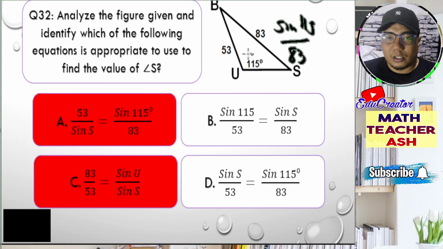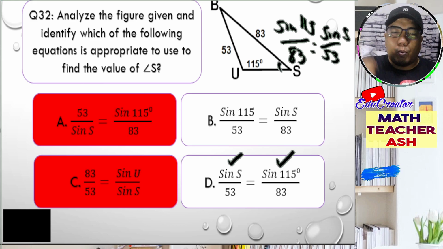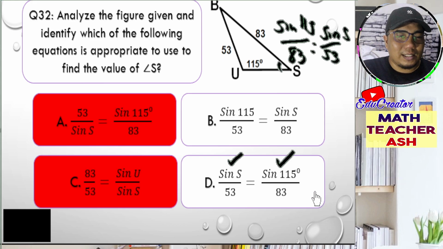And then for 53 here, the 53 should also be below, so we have the opposite of 53, that is sine S. Do we have an example like that? This is interchanging, so this is wrong. How about this one? Sine S over 53, correct. Sine 115 over 83, this is also correct. So therefore, we already have our answer for this question, and that is letter D.